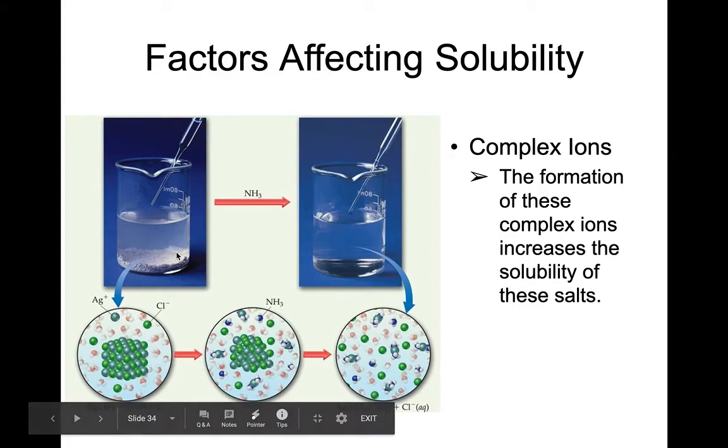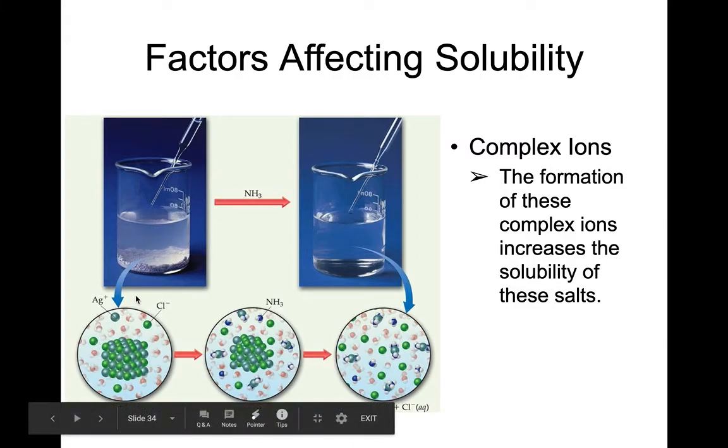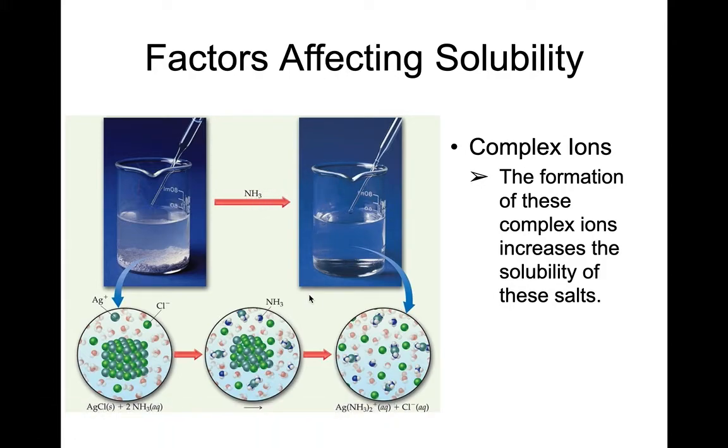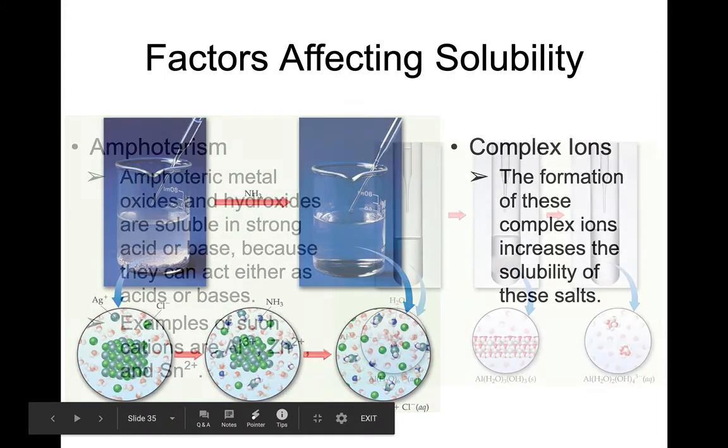So we can see here that not all of the silver chloride dissolved in water. Only a portion of it dissolved with the water. But when we add ammonia, we're able to dissolve it completely, and that's because the silver ions in particular form complex ions with the ammonia, and so have a much better ability to dissolve.